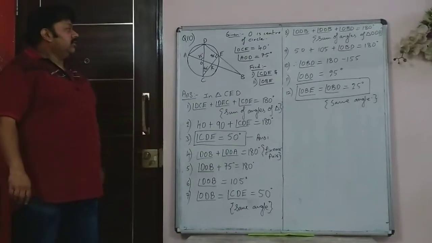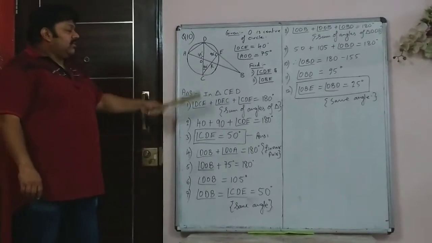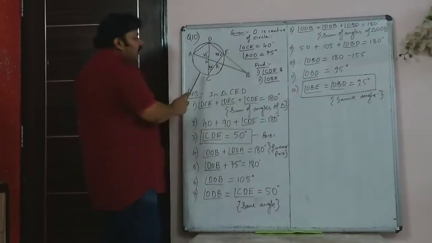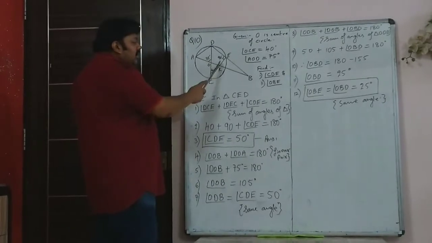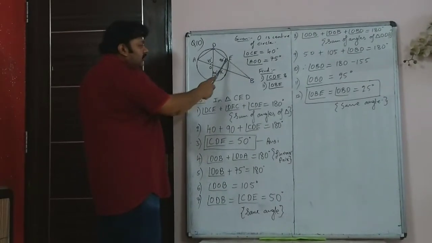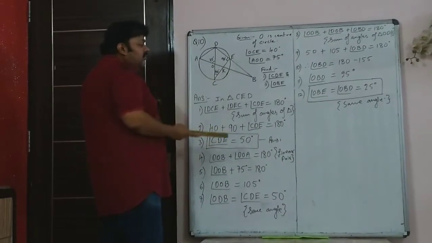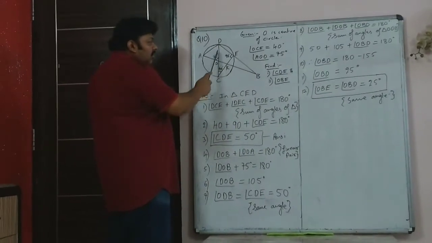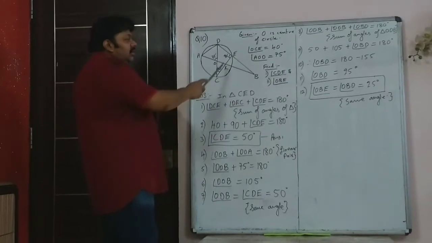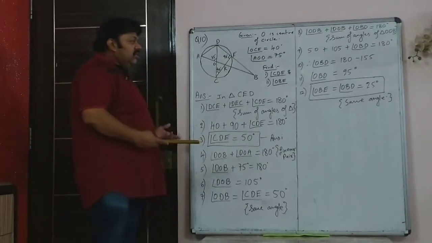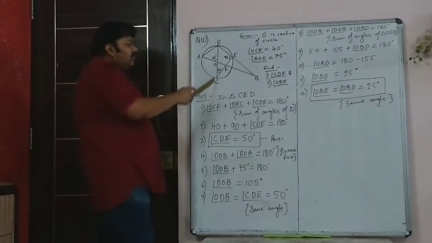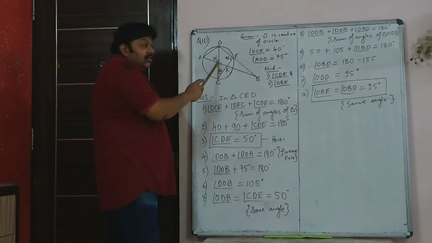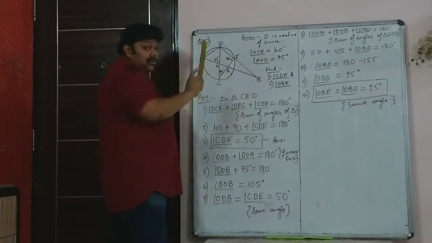Now students, in this last question of the first exercise, you have been given OCE is 40 degrees. That means DCE is also 40 degrees. And AOD is 75 degrees. This is marked in the question. Even if it is not marked, CD is the diameter because it is passing through the center of the circle O. It is given that O is the center.